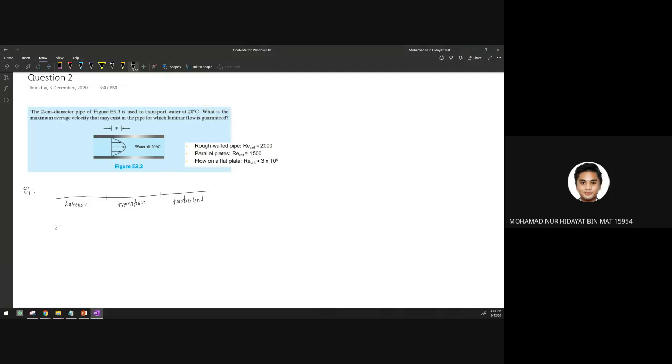So this is the wall pipe. This is pipe. So we are definitely going to consider this type of flow because this is rough wall pipe. The question says the laminar flow is guaranteed, so confirm this is laminar flow.